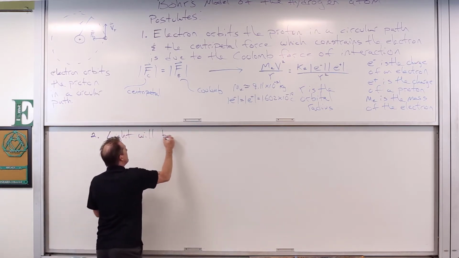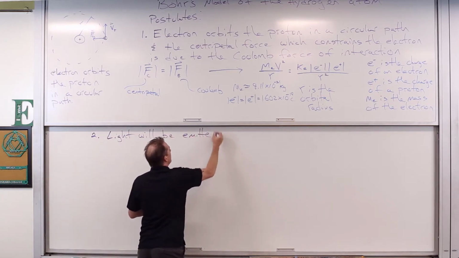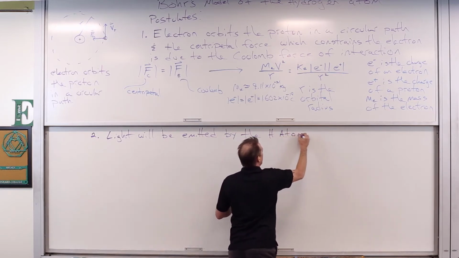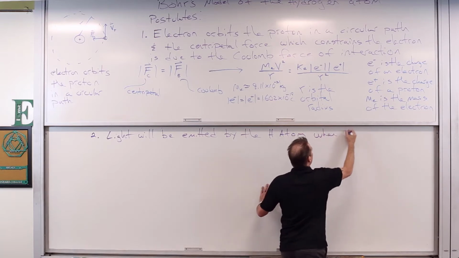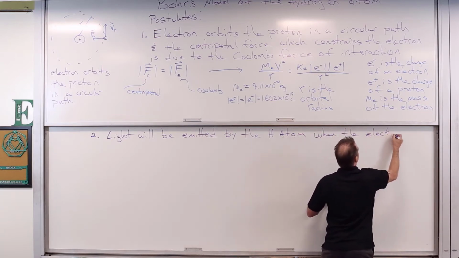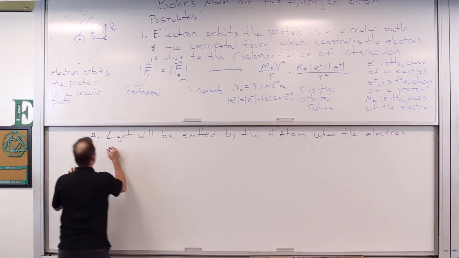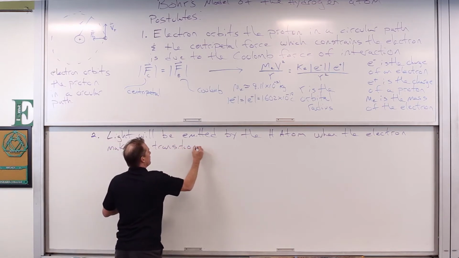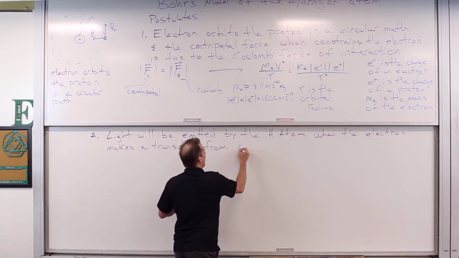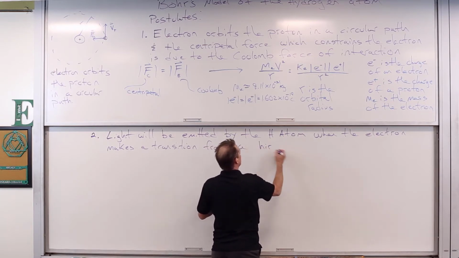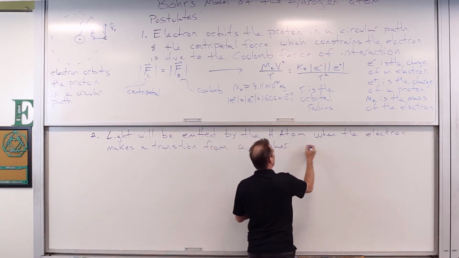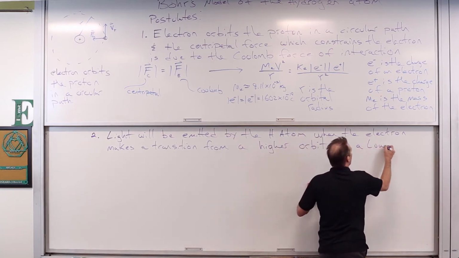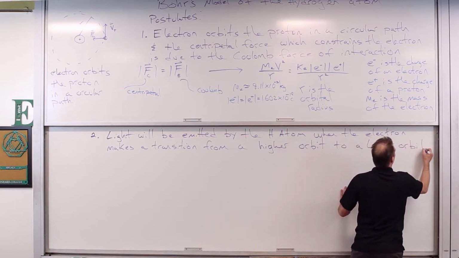Light will be emitted by the hydrogen atom when the electron makes a transition from a higher orbit to a lower orbit.